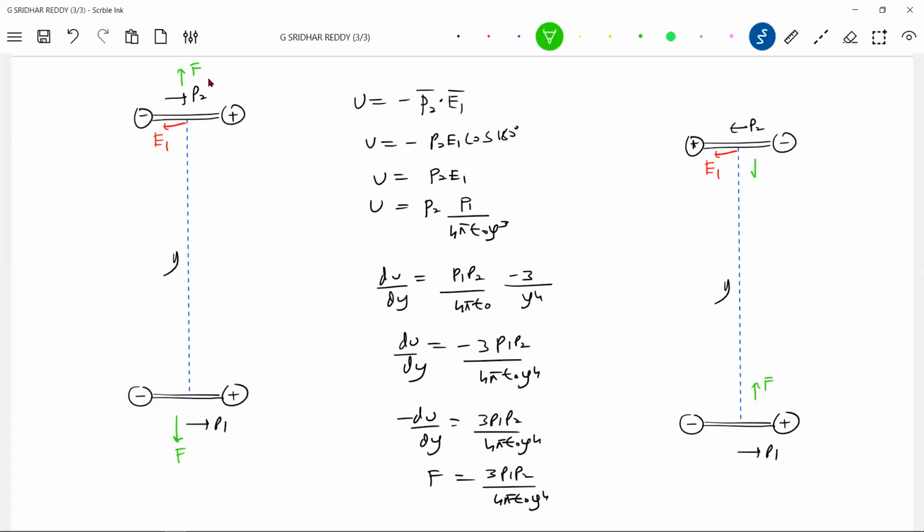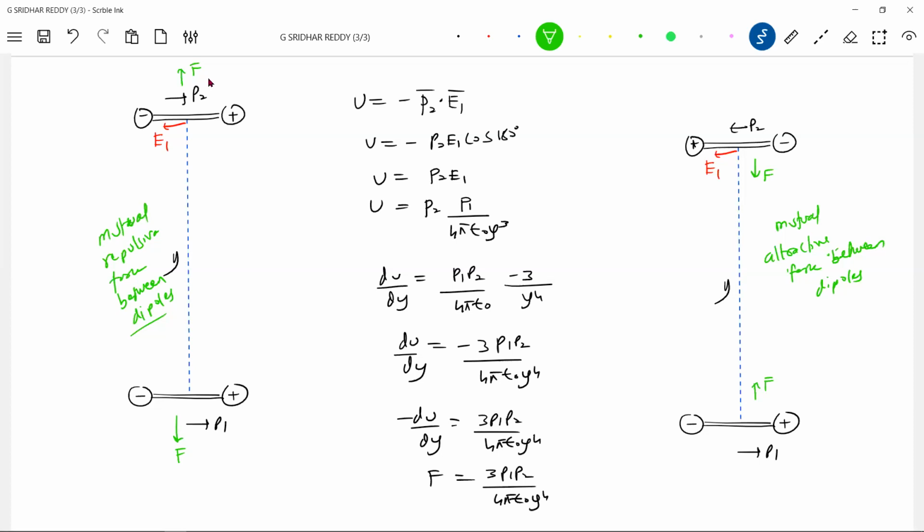Check it. Attractive force, mutual attractive force between dipoles. Mutual repulsive force between dipoles. Got the idea?